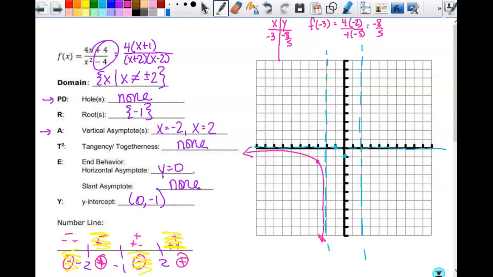Then here again, we know that I don't have any togetherness, so it has to start up here. It's got to go through this point, and then we've got to hug the asymptote. We are not crossing a vertical asymptote at all, ever. Then from 2 to infinity, it's positive, so it's up here, but I need a point, so we'll pick 3. And then I can find f of 3.